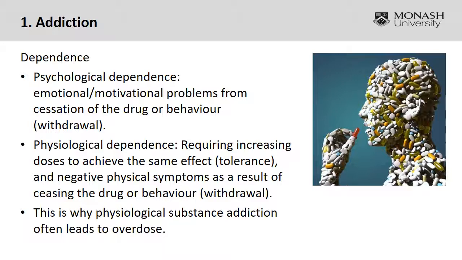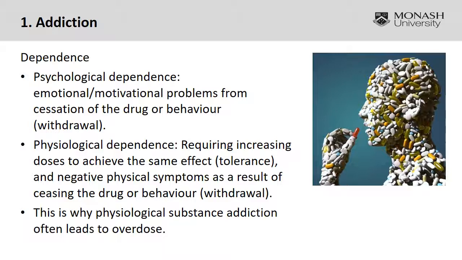Sometimes individuals develop a physiological dependence on a substance, requiring increasing levels of the substance to achieve the same effect. And what might happen is that they stop taking the substance over a period of time, and then they will use the substance again at the same increased level as before, and this level will be far too great for their body to be able to handle, and they might experience an overdose.